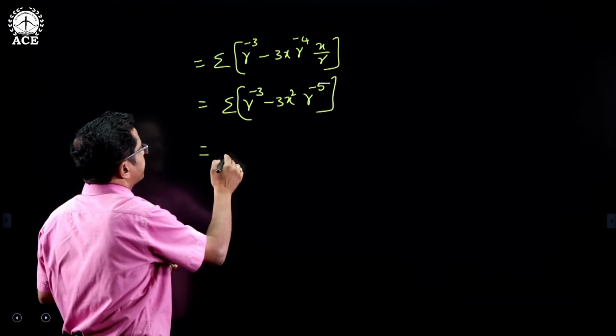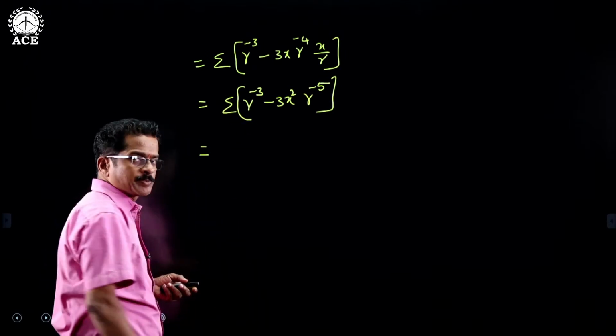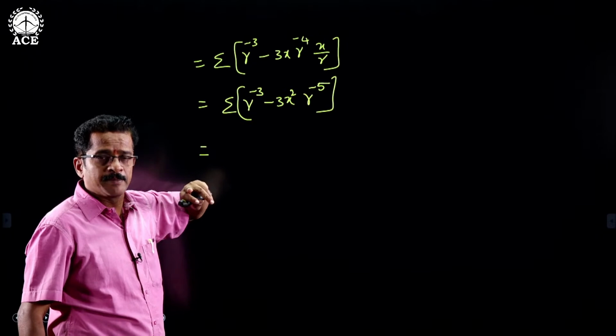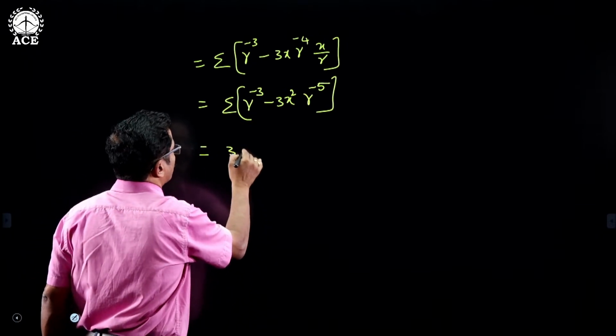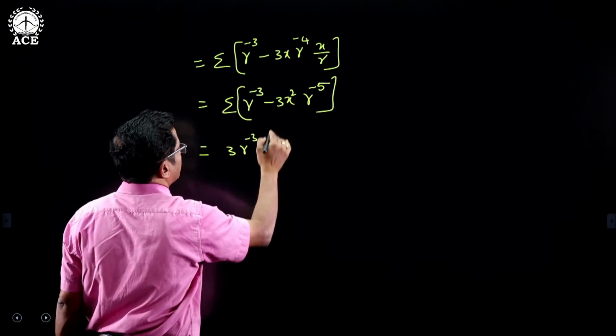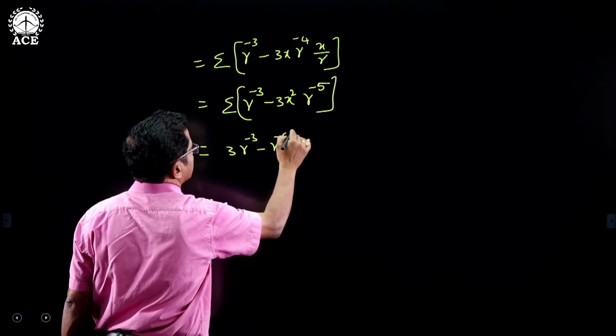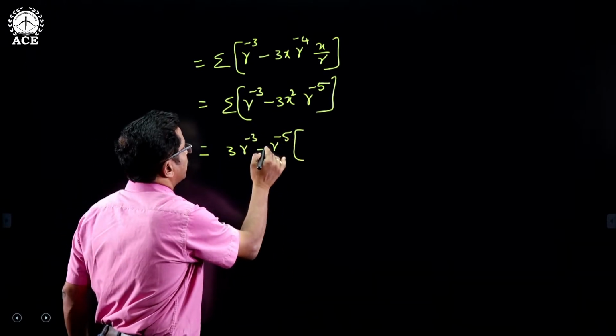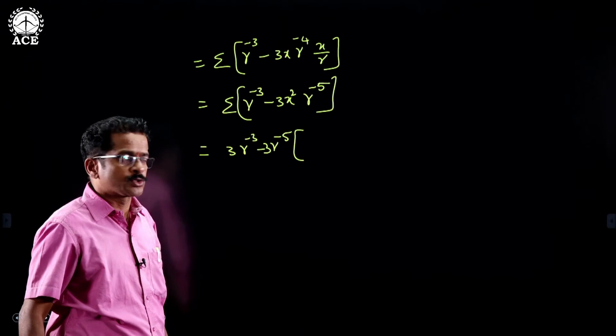So now you expand it. So if I expand it, r power minus 3 will be repeated 3 times. So it becomes 3 into r power minus 3 minus r power minus 5 will be common into, and minus 3 also is common.